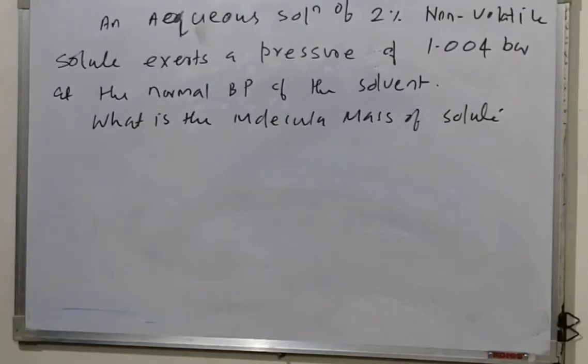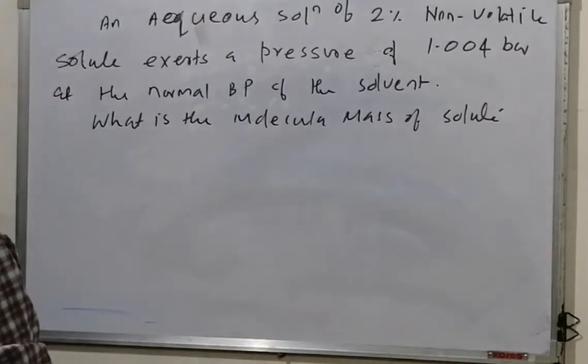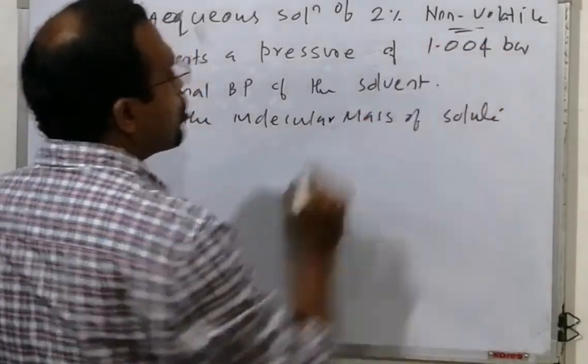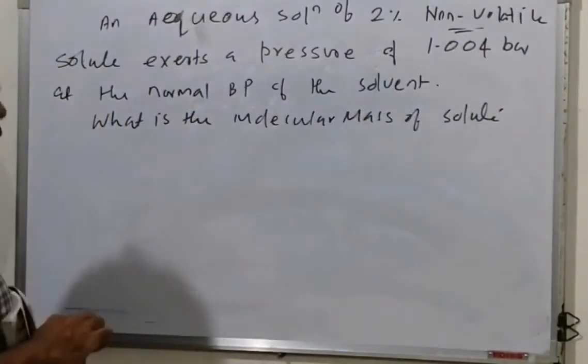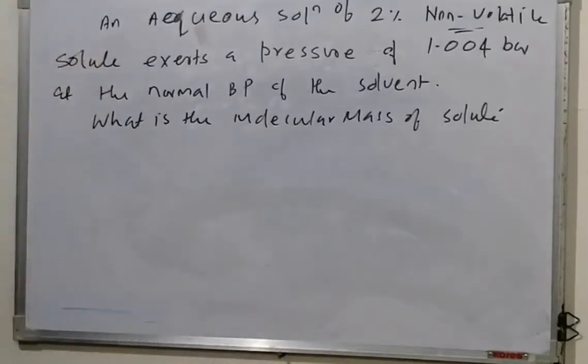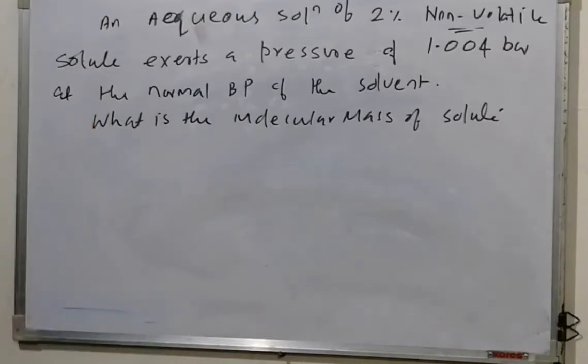An aqueous solution of 2% non-volatile solute exerts a pressure of 1.004 bar at the normal boiling point of the solvent. What is the molecular mass of the solute? Non-volatile solute, that is a keyword that will give you an idea that this numerical should be solved using relative lowering of vapor pressure.